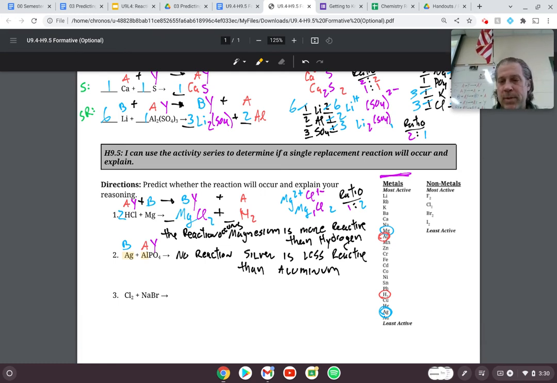Okay. The last one here we're going to be looking at is another single replacement reaction, but we have to be aware of what's trying to replace what. Here I have a nonmetal chlorine, so the nonmetal is going to try to replace the nonmetal. So this one would be actually looking like this.